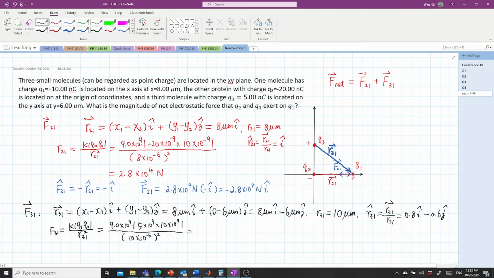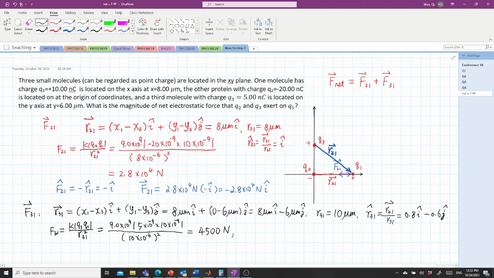This will give us 4,500 newtons. Oh, I forgot this power here is negative 9.